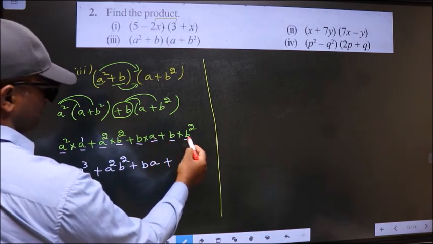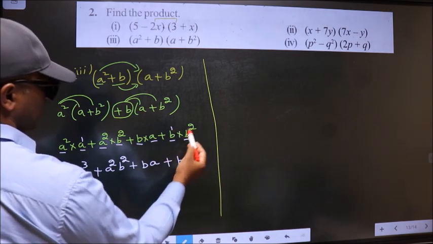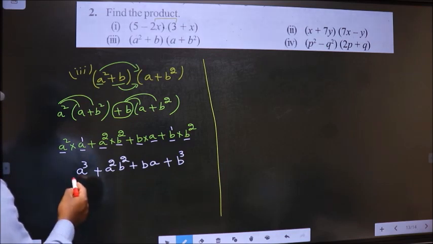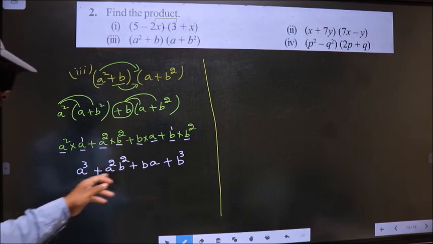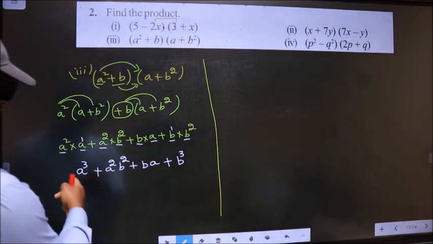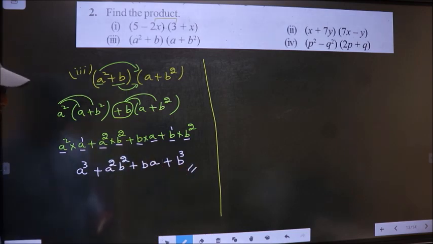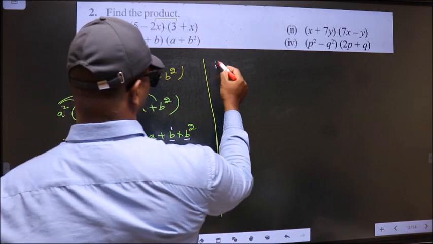Plus b into b square, you write b, add the powers 1 plus 2, 3. See, all are not like terms, they all are unlike terms, so it cannot be simplified further, so this is our answer.